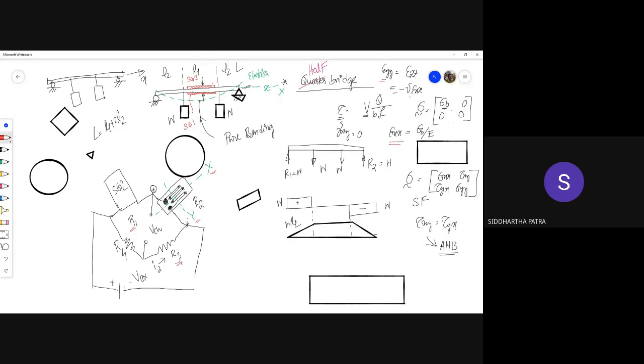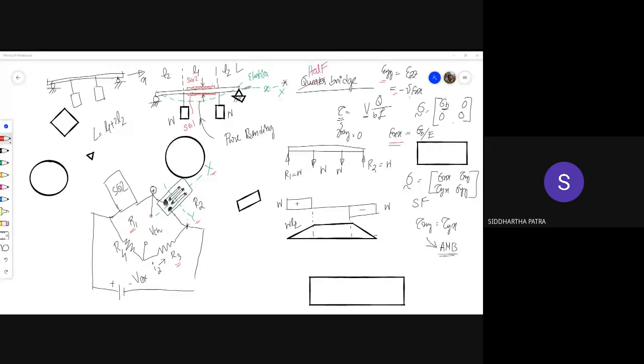Okay. I'm showing you the same thing but with R1 as a strain gauge 2, but your assignment is to consider R3 as the second strain gauge and get the expression for VCH.